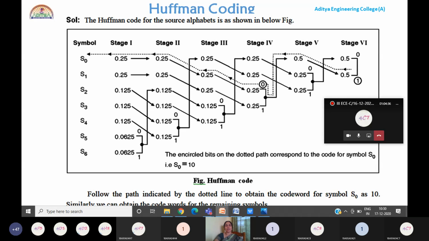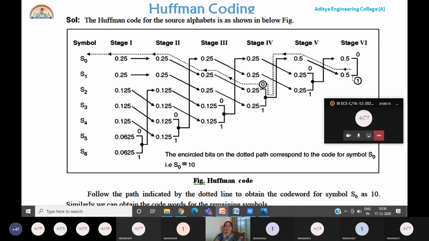In the case of Shannon-Fano, directly you can observe the path in the forward direction. But here we need to identify the path of the corresponding symbol in the reverse direction. Already we mentioned the path of S0. Please observe the path of S0. It is 0.25, and in stage 3 it is moved down, in stage 4 once again moved down, in stage 5 these two are combined and moved to 0.5, and in stage 6 it is moved one step down.